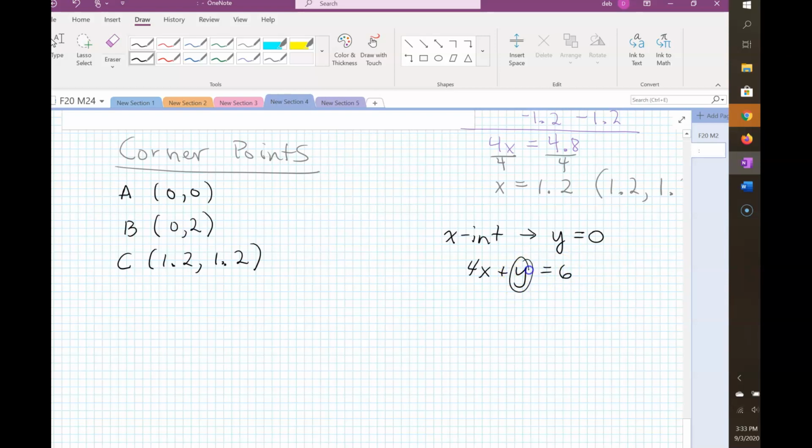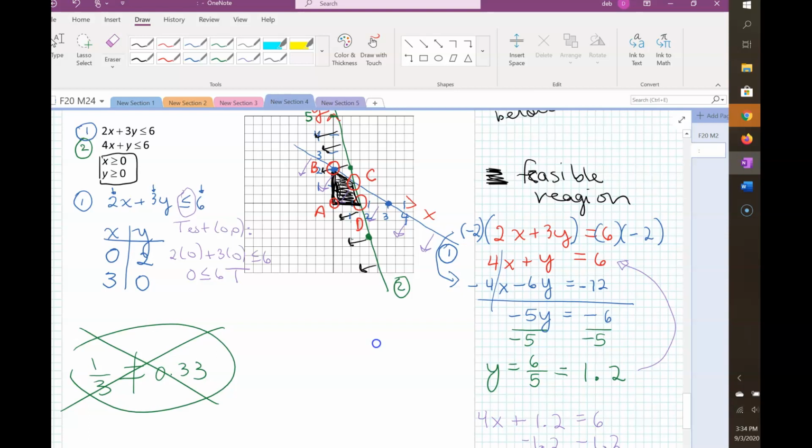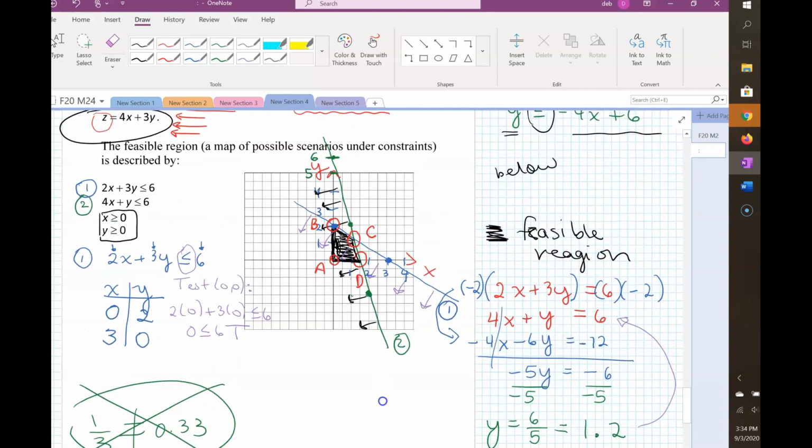And we're going to put a 0 in place of the y and say, well, the x-intercept is going to happen when x equals 3/2 or 1.5, since that's exactly the same. So we can see that our fourth corner point is going to be 1.5, 0. And then I always look at my picture and make sure the math I'm doing makes sense with the picture. That looks like it agrees with the picture and makes sense.